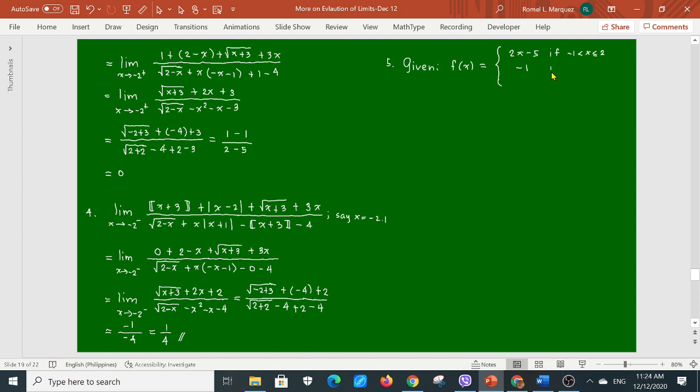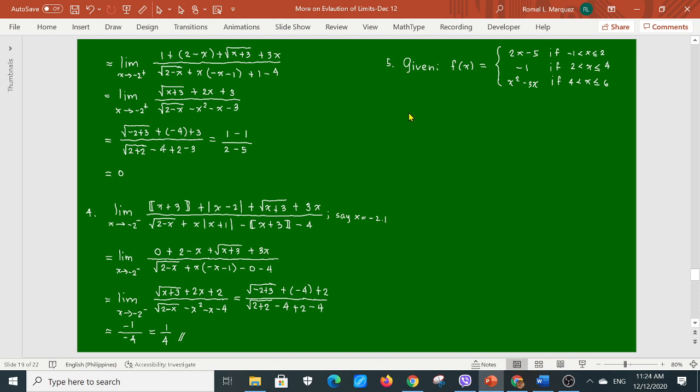It is negative 1 if x is between 2 and, including, 4. And then the last one, it is x squared minus 3 times x, if x is between 4 and 6.